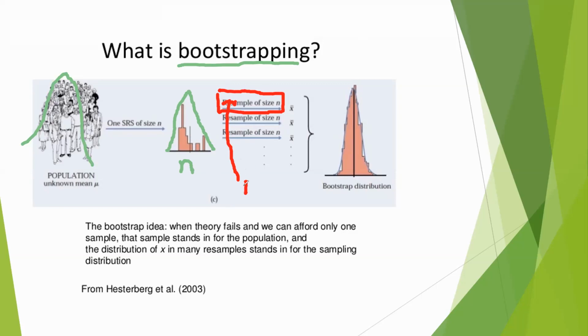Once we got this, we put this value back into the original single sample, and we do this again. So it's likely the first value will be resampled again if this value is highly frequent in the original sample.